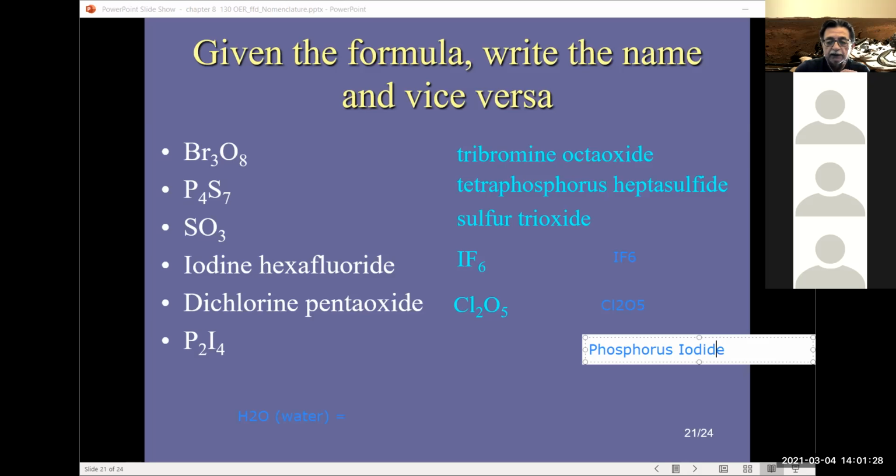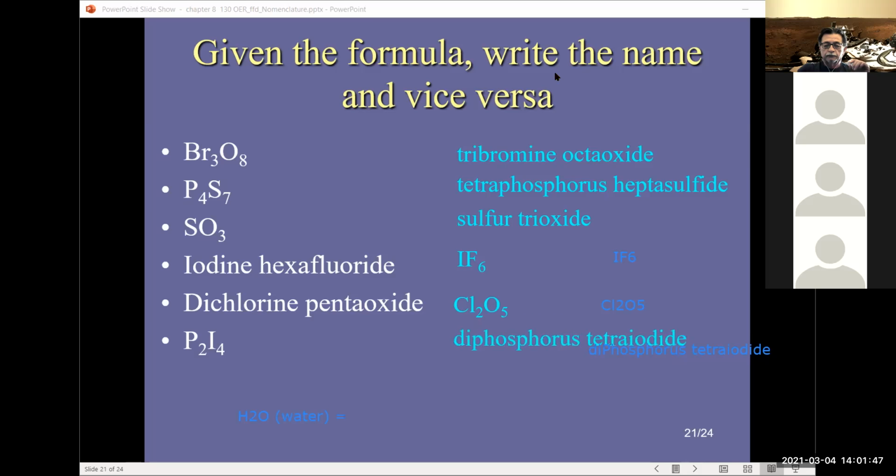And then we'll go back. Notice there are 2, so that becomes diphosphorus. And finally 4, tetra, tetraiodide.